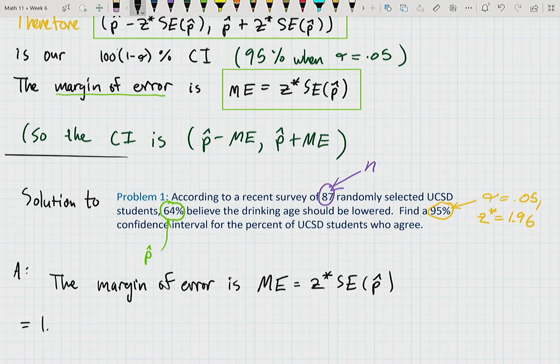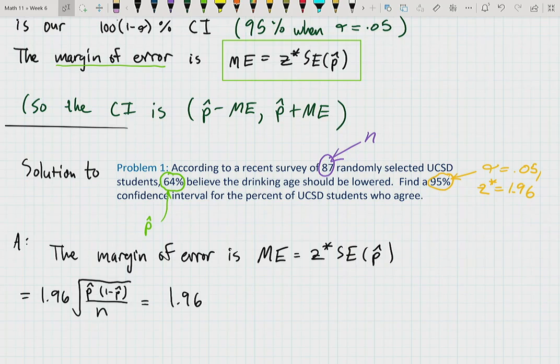So it was 1.96. The standard error was our best estimate of the standard deviation. In this case, p hat was 0.64. 1 minus p hat is 0.36. N was 87. This whole thing comes out to 0.10.